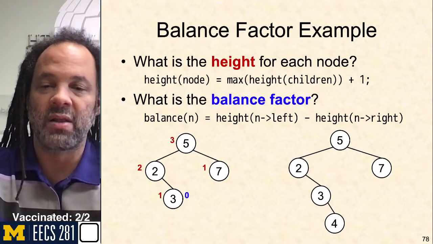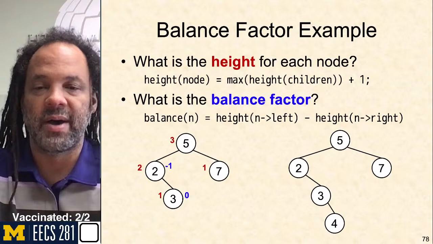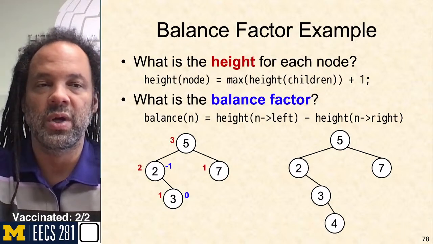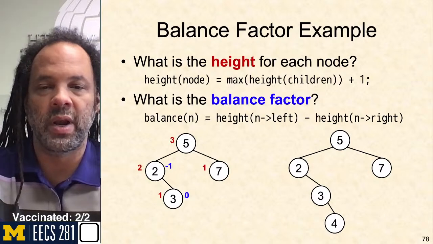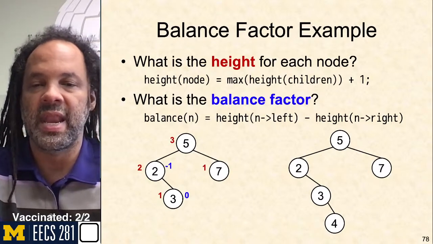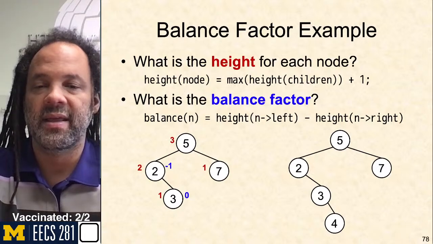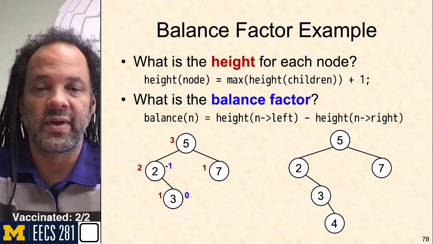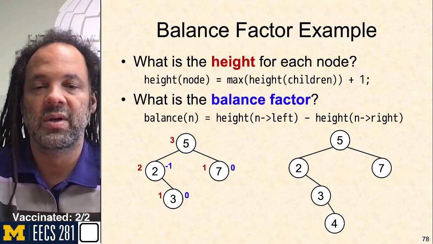We mentioned that all leaf nodes have a balance factor of 0, so that's good. How about this node 2? We see that this node 2 has a 0 height on the left and a 1 height on the right, so that ends up with a -1. And that's balanced, that's okay. On the other side, I can see that 7 as a leaf node is balanced, so it's got a balance factor of 0, no children.